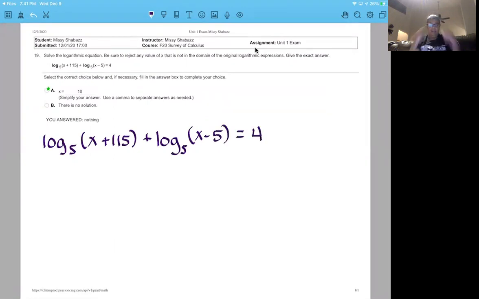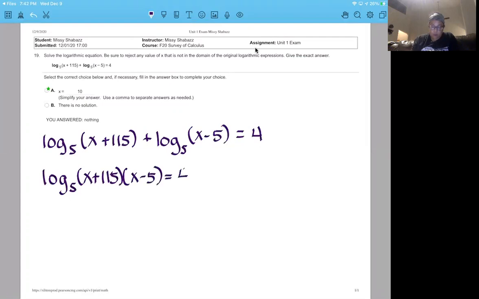Anytime that I'm solving a logarithmic equation, I want the logs on one side to be written as one log. So I want to use my law of logarithms. If my logarithms are being added, I can write them as a product. So log base 5 of x plus 115 times x minus 5 equals 4.